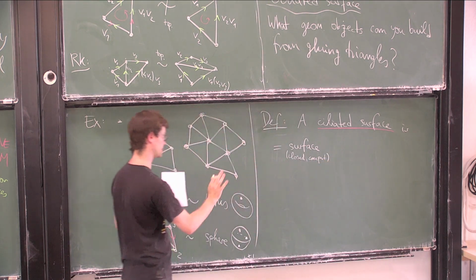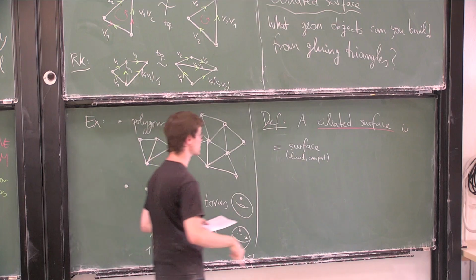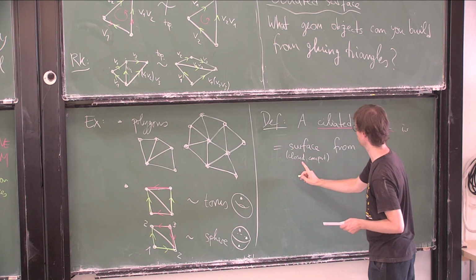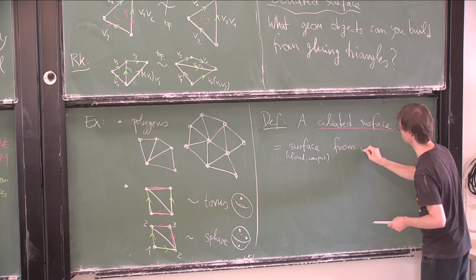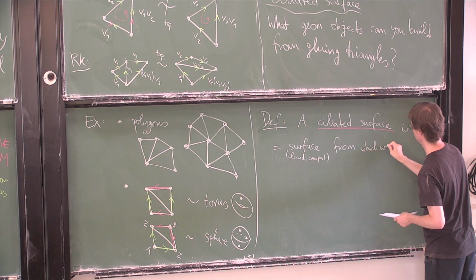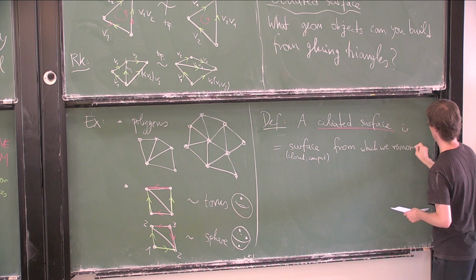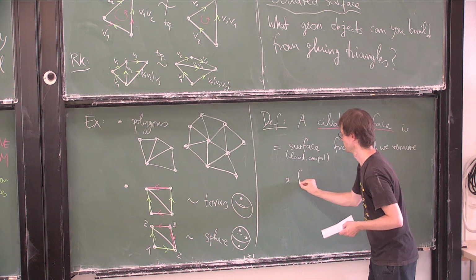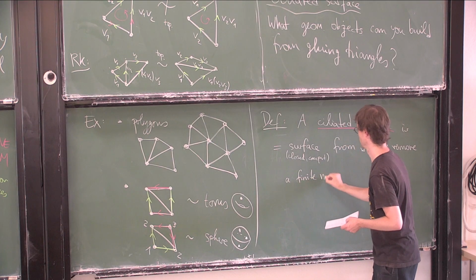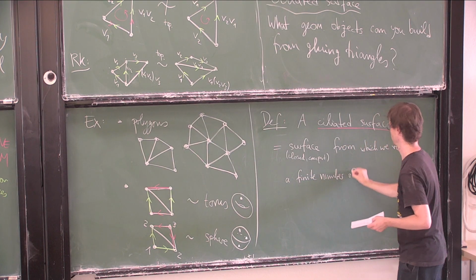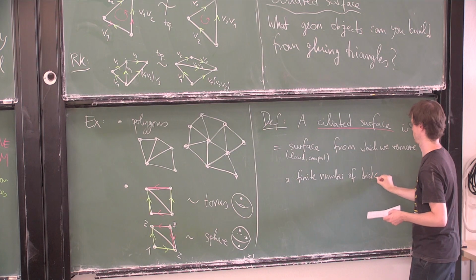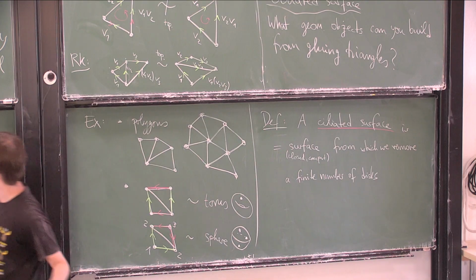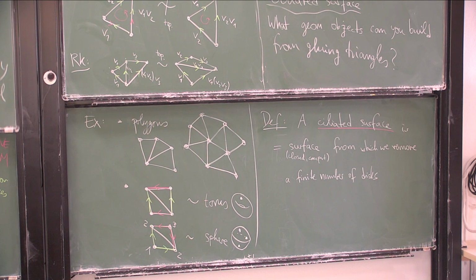So it's a surface as yesterday, with potentially boundary, from which we remove a finite number of disks. Maybe I should draw the picture first. First draw the picture and then you can read off the definition.